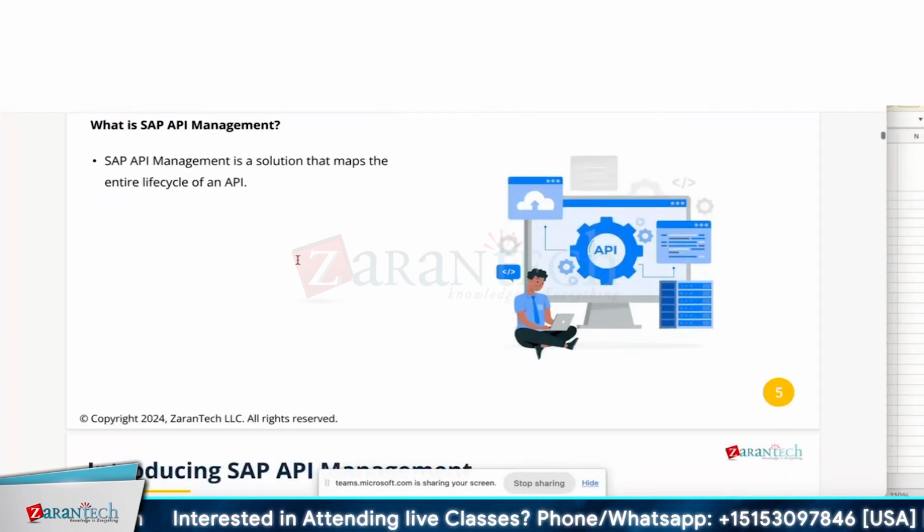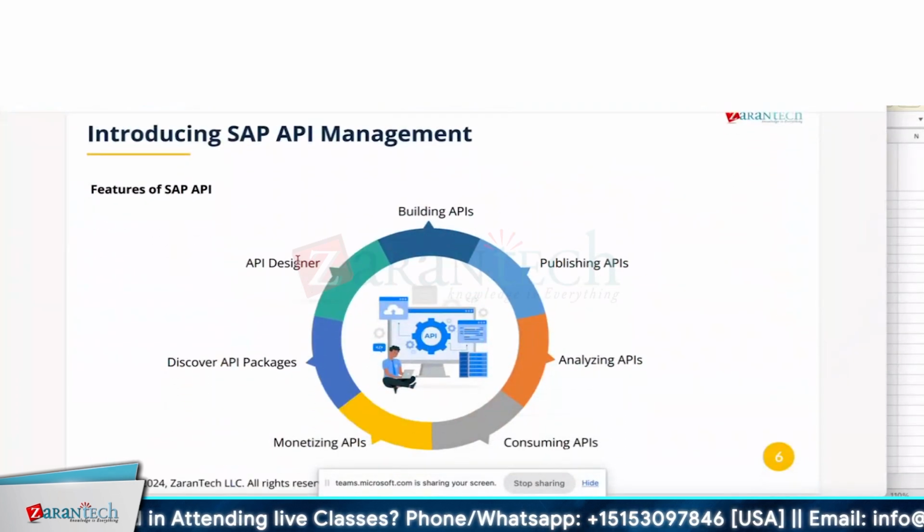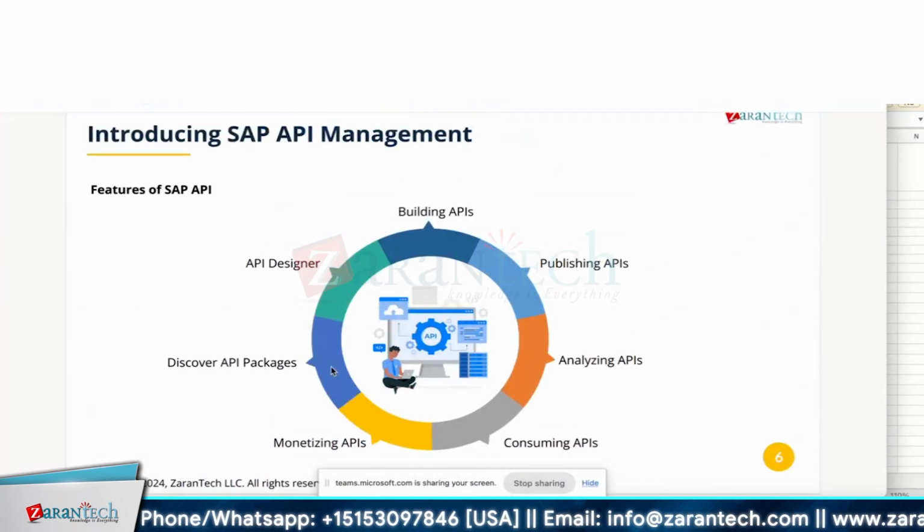But whenever you enter into API management in general, you have this entire life cycle. Starting from discovery of API packages, then going to your API designer, building the API, publishing the API, analyzing failures on the API, consuming that API, and monetizing those APIs.